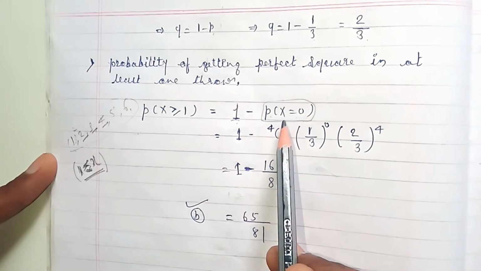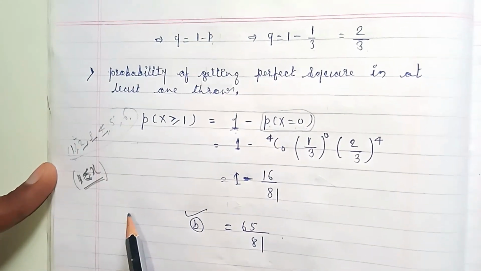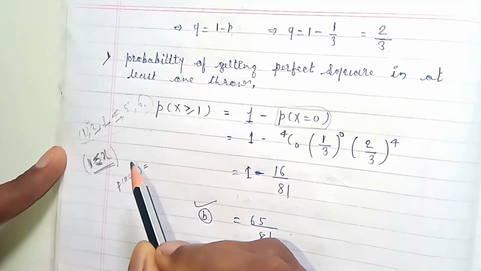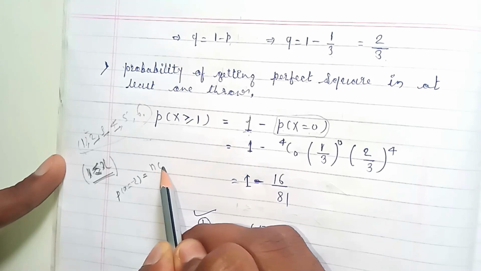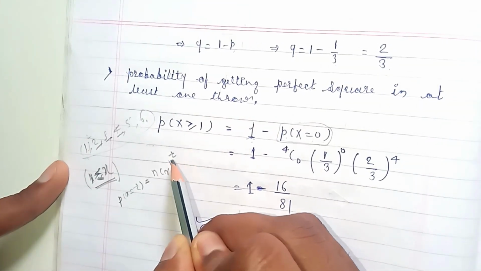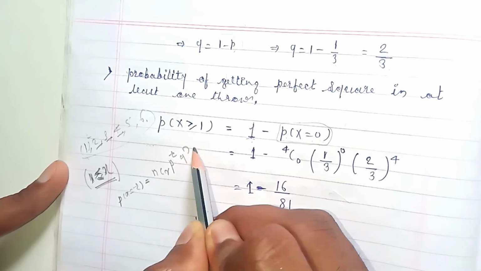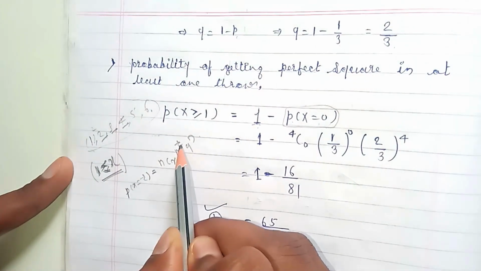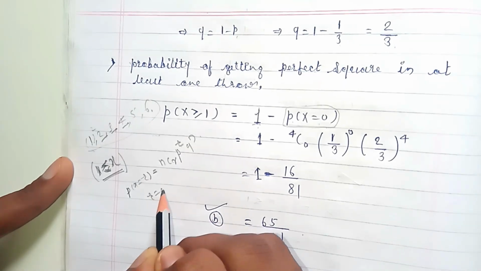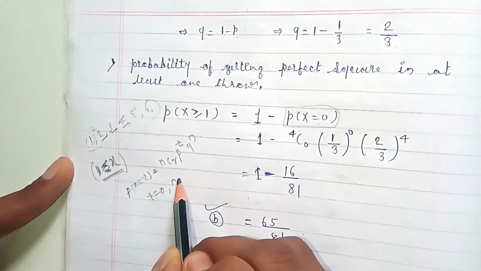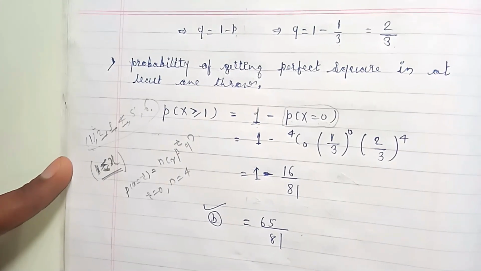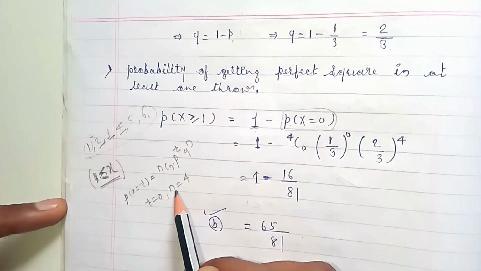So 1 minus. When we have the probability of x equal to r, we write it as nCr p raised to r, q raised to n. This is the standard formula we use for finding probability. We have to remove x equal to 0, that means r equals 0 here, and n equals the total number of attempts, 4.